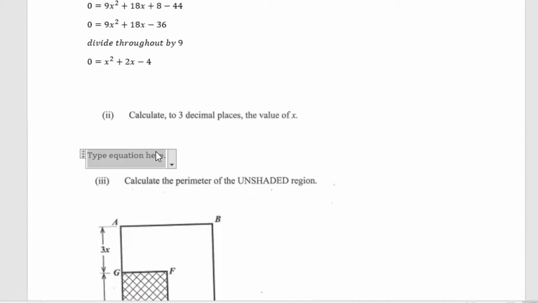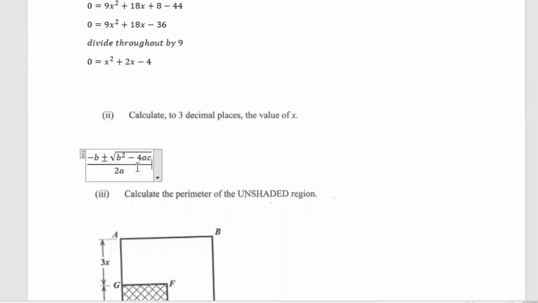So part 2 now says calculate to 3 decimal places the value of x. So we'll need to use the quadratic formula for this working. So this is the formula for quadratic, and this is what we are using to solve this question.